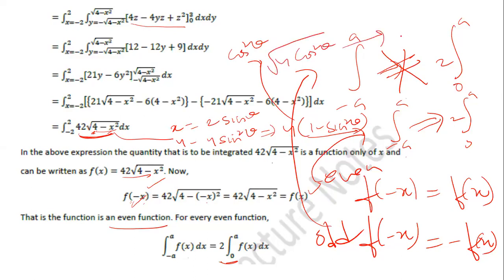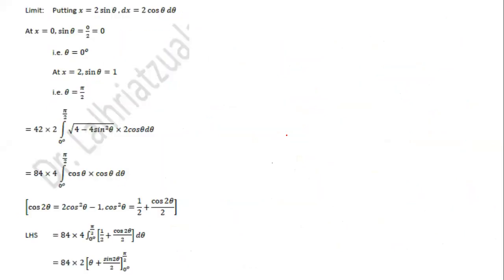Square root of 4 is 2, and square root of cos square is cos theta, so you get 2 cos theta. For simplicity, you use a substitution method using this trigonometric property to simplify this square root integration. You already studied this in class 11 or 12. If you follow all these things, finally you will get this as 84 pi.